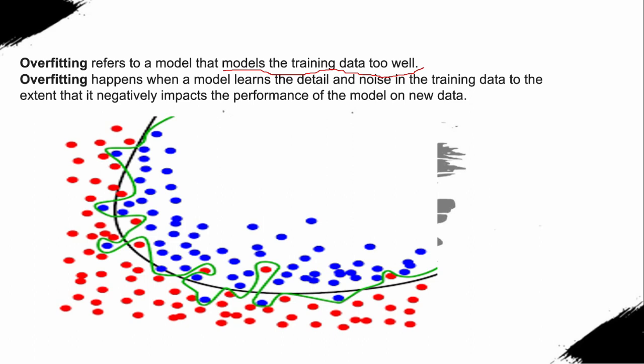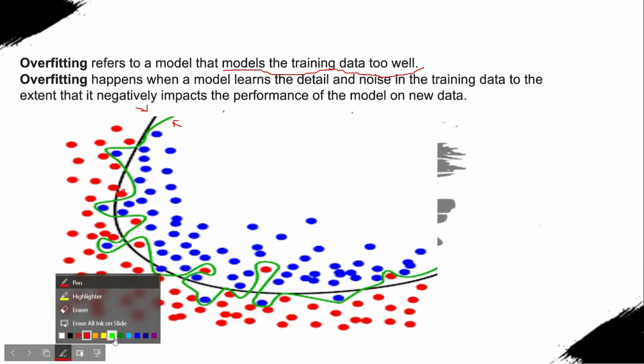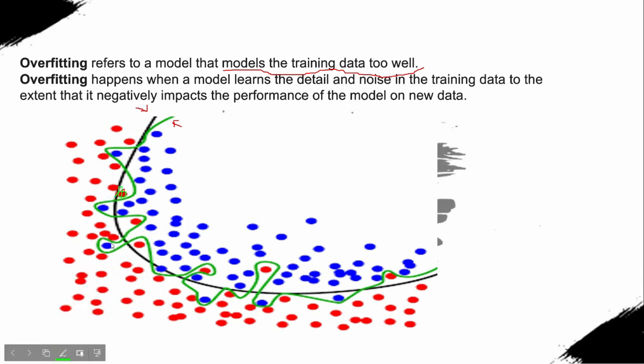As an example, look at this data set. Just look at this green part. As you can see out here, it is classifying the red and the blue parts perfectly, correctly. And look at the black one. It has got minor errors for some points, like this point, and there are some points like this, and so it is not fitting the training data as well as my green curve.